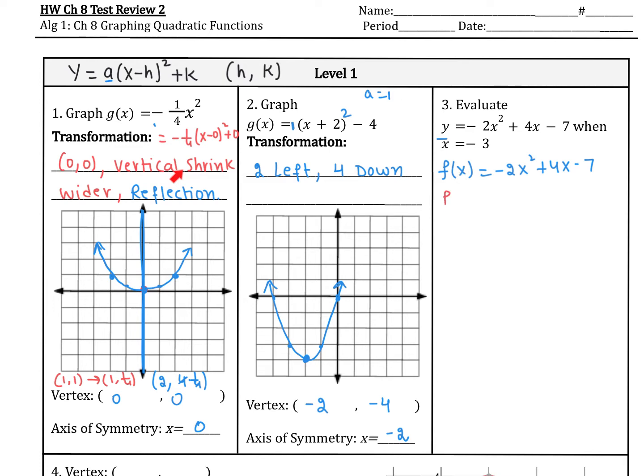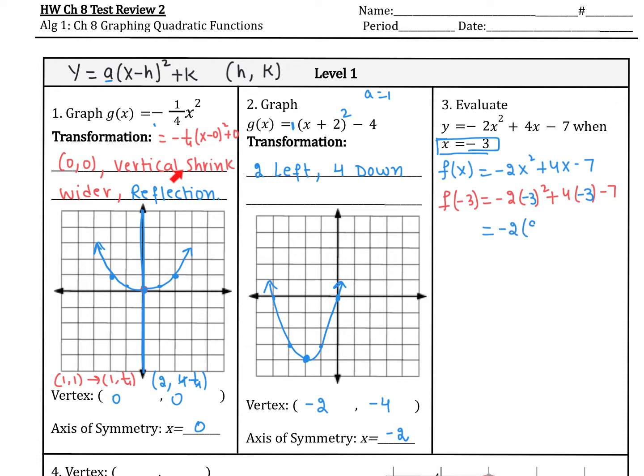Whenever we plug in something for the variable, always put the bracket first, and inside the bracket you're going to use the value of that variable. So the value of that variable is x equals negative 3 that you're going to put in here, also called y or called f of negative 3.